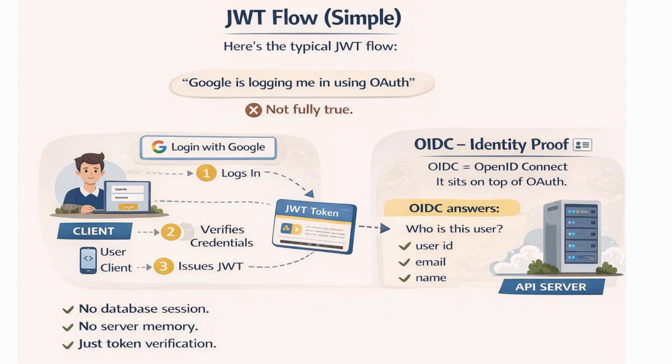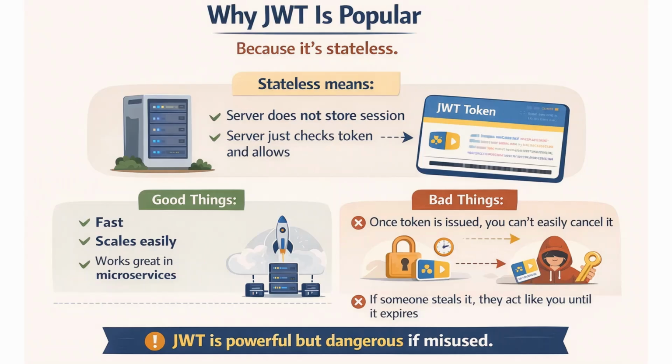After that, the server will verify whether the JWT token is valid or not, and if it is valid it will provide the data, and if it is not valid it will not provide the data. So in this scenario, no database session is stored, no server memory, just token verification. That's why JWT is very popular, because it is stateless. Stateless means the server does not store any session. The server simply validates the token.